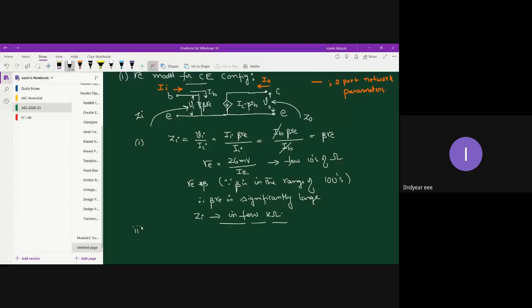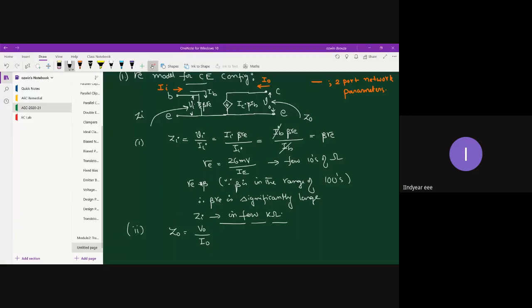Next up, we have the output impedance Z0. This output impedance Z0 can be calculated by looking into the output port. Z0 by definition is output voltage by output current, right?